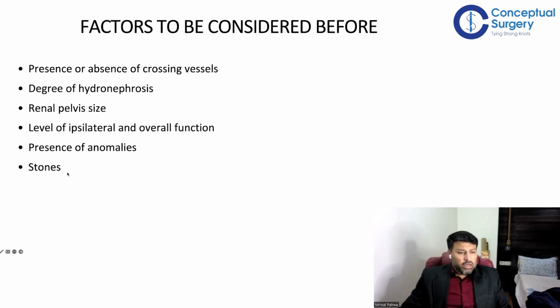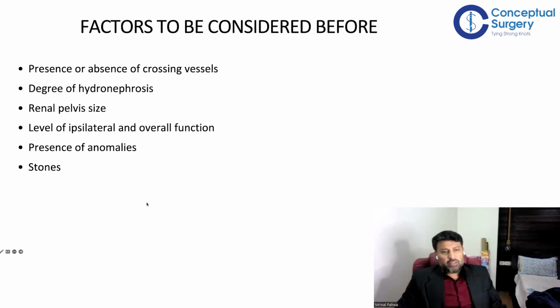And finally, if we need to tackle stones also, because we won't be doing multiple procedures, we will tackle the stones and deal with the primary pathology in the same setting. So these are the factors we need to see beforehand before proceeding with the surgery.